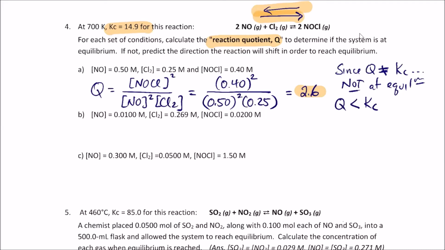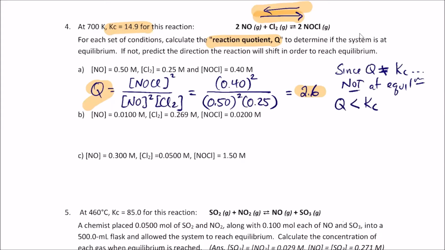Well, how can Q get bigger? Look at the expression for Q. Q is equal to products divided by reactants. How can you get that to give you a bigger answer? You would need more products, right? A bigger numerator. And you'd need less reactants, a smaller denominator.